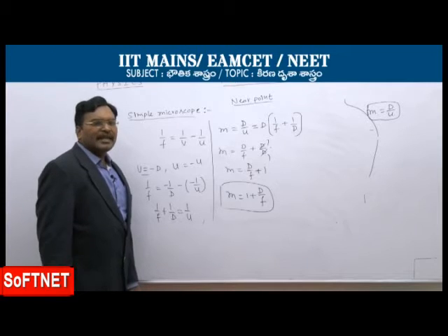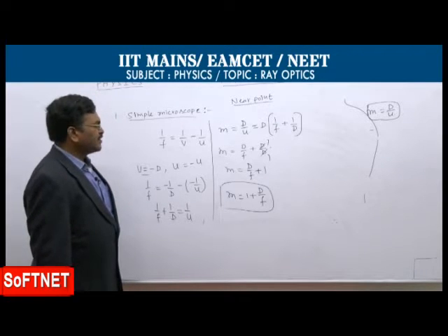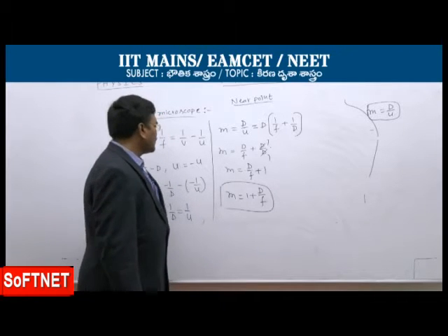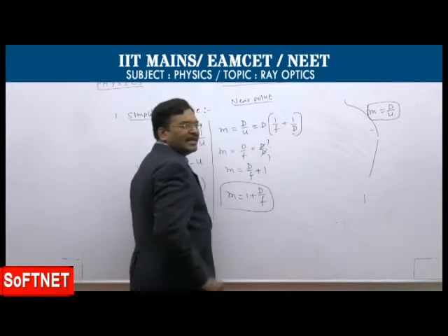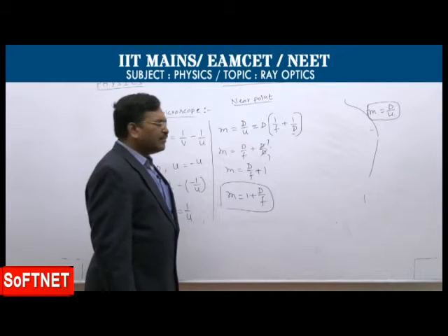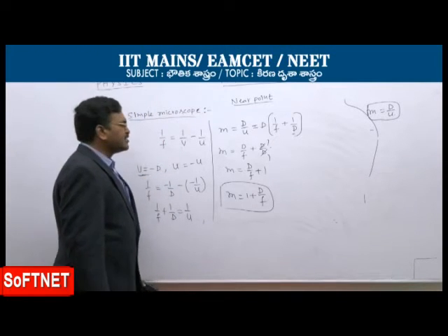If the image forms at far point, v becomes infinity. What is v? Image distance.